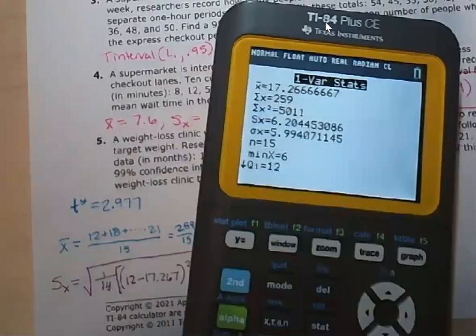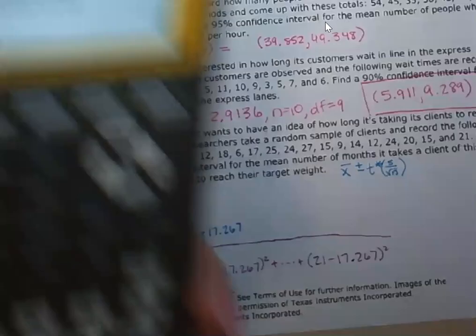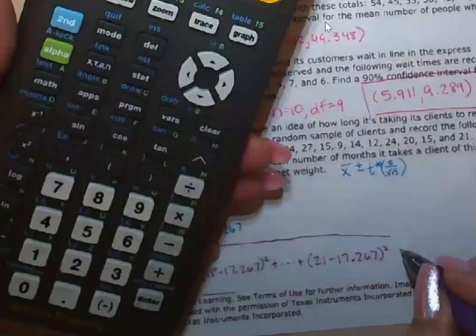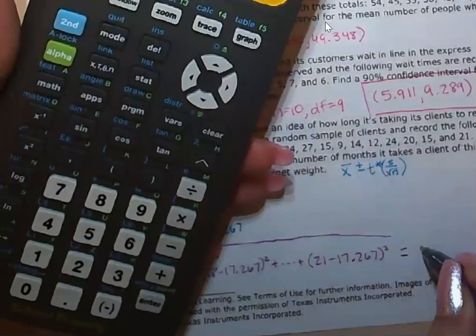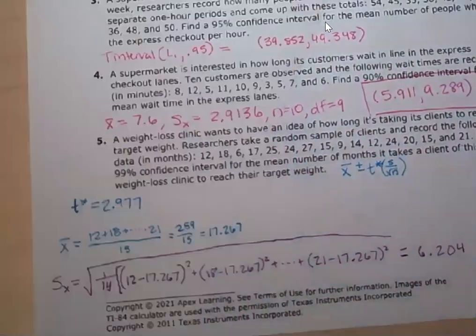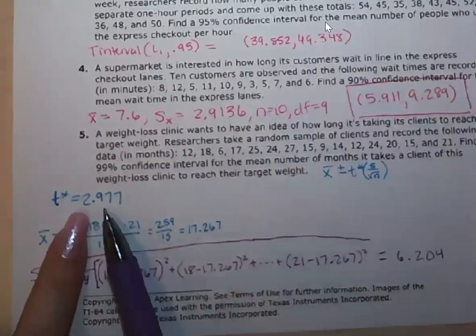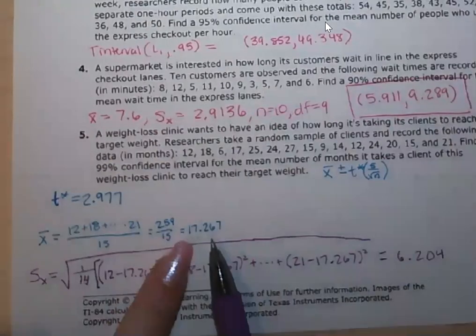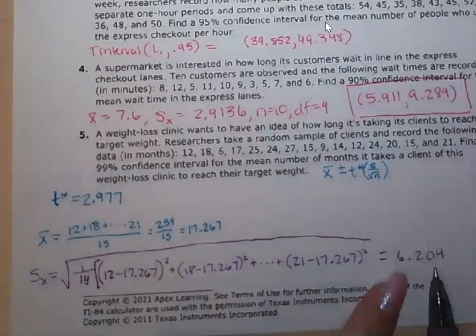It's kind of a big sample to do by hand, honestly. So it will give you 6.204-ish. I rounded. Okay, so now I have my T star, I have my X bar, and I have my S sub X, which I calculated by hand, sort of.